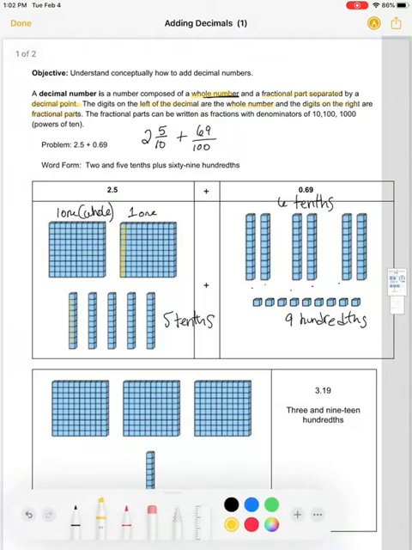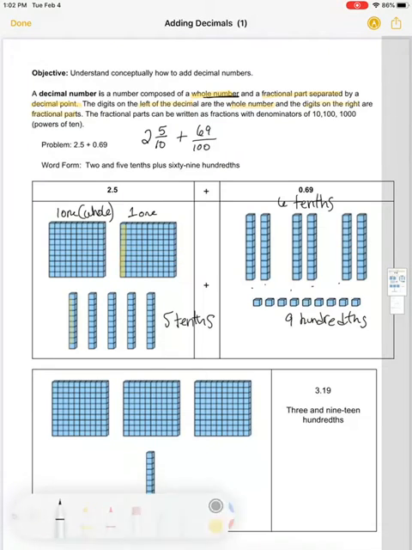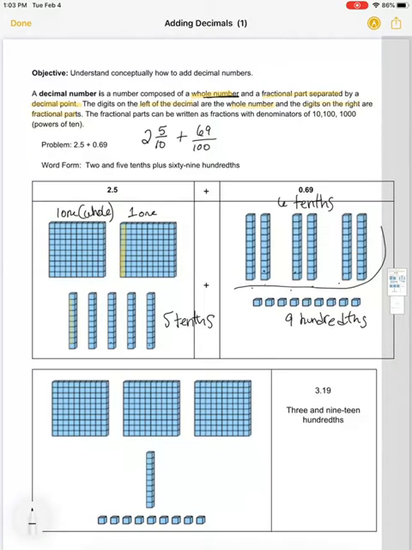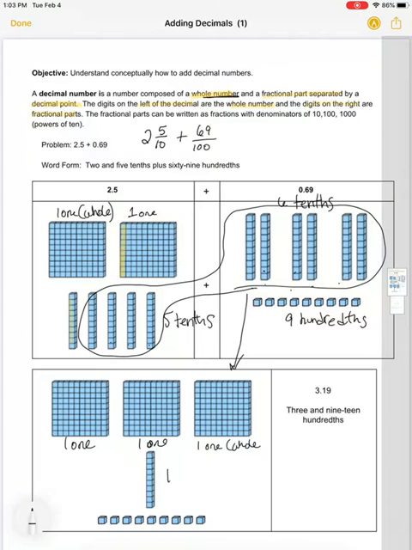So what I can do is take 1, 2, 3, 4, 5, 6, 7, 8, 9, 10, and I can regroup these 10 tenths and create one whole. So this is 1, 1, or another whole. 1, 1, 1, 1, 1. And then we've got 1/10 left over because we didn't take all of them.